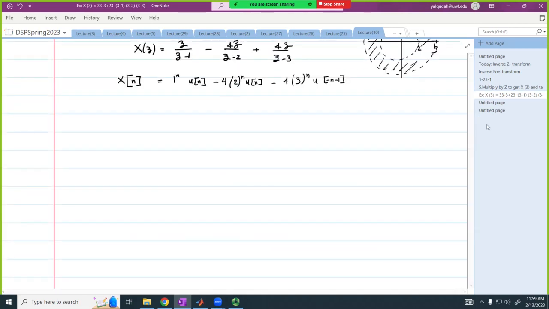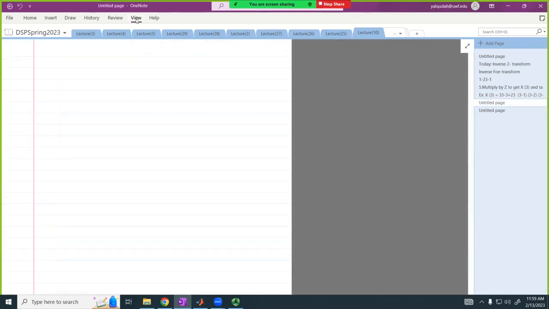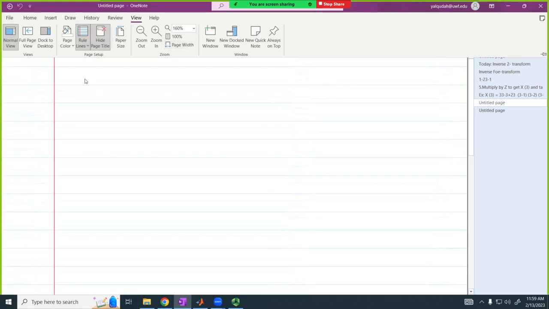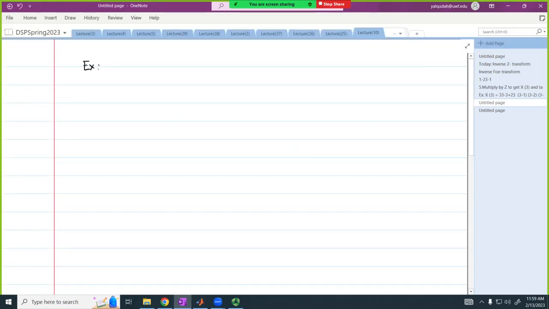Okay. Let's do another example. We're going to calculate x of n if X of z is equal to z squared divided by (z minus 1) times (z minus 1/2) squared, and it is a right-sided sequence.